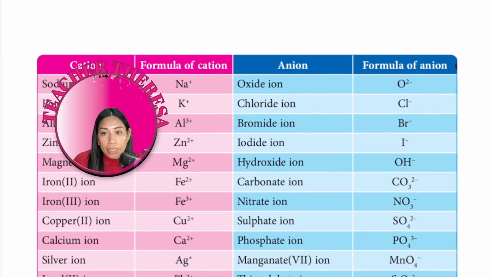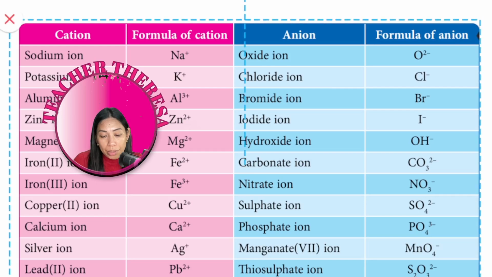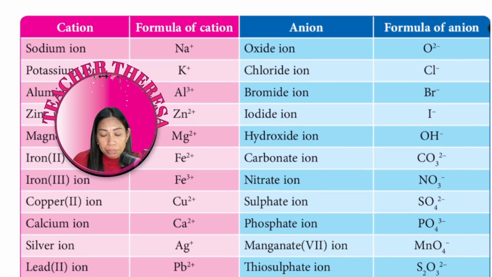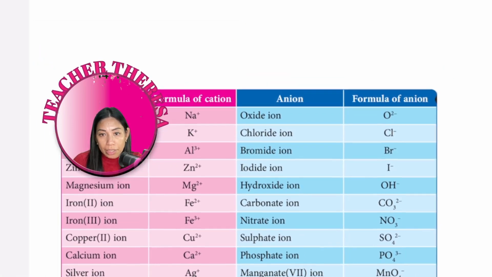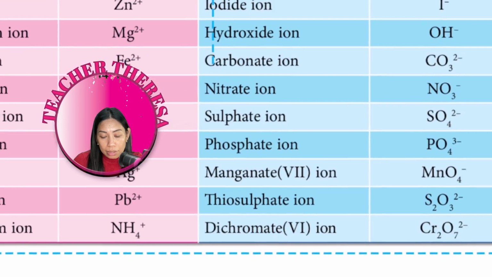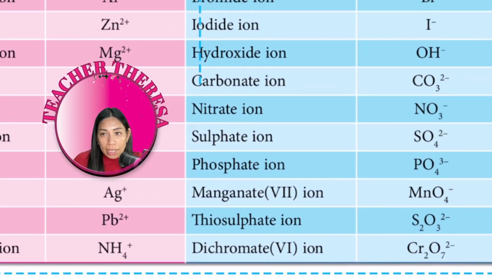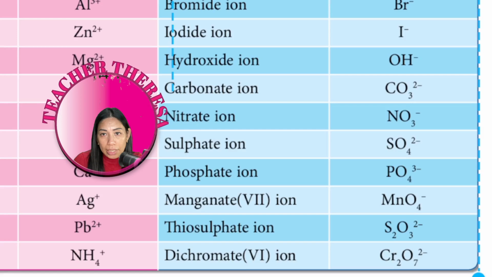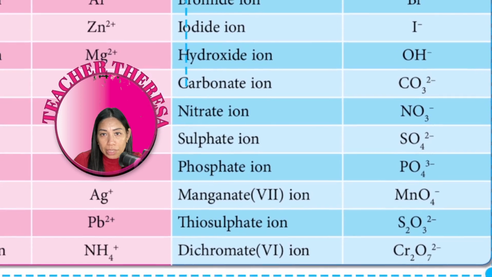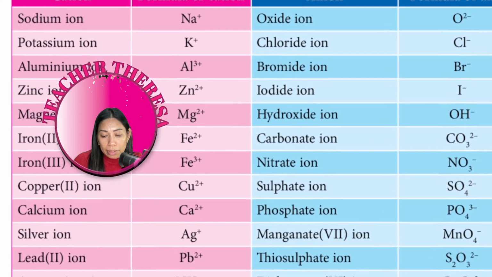So what are the polyatomic ions that need to be in brackets? Ammonium ion NH4 plus, and also the negative ions starting from hydroxide, carbonate, nitrate, sulfate, dichromate, and the rest. Okay, let's look at formula writing.